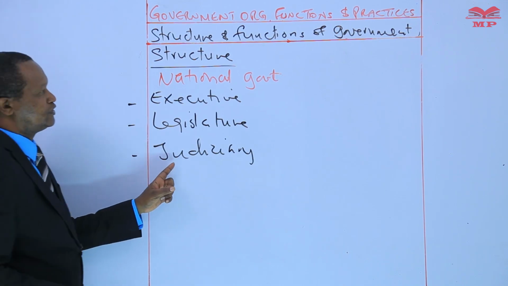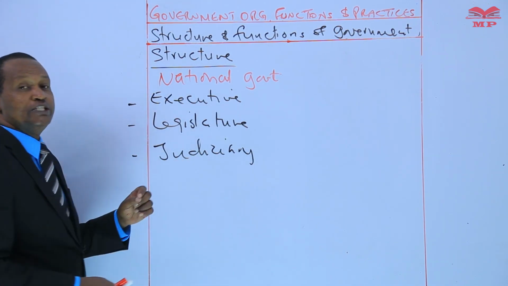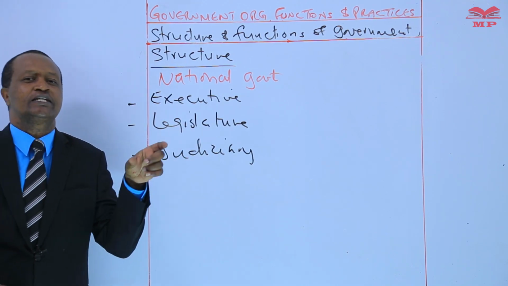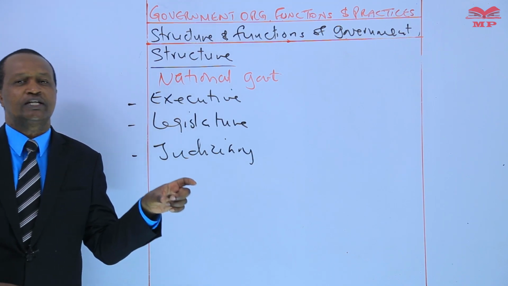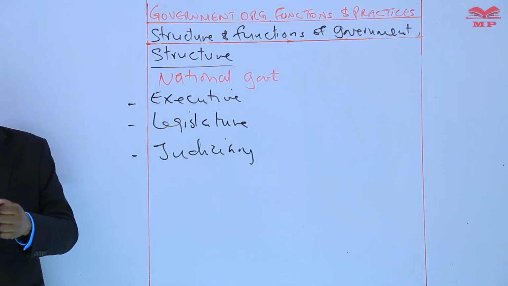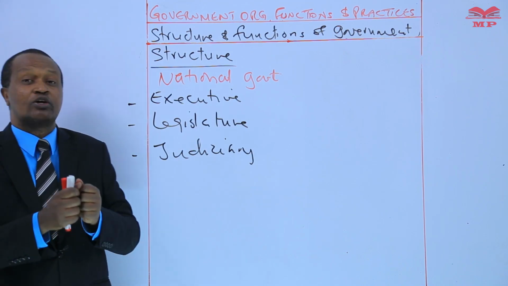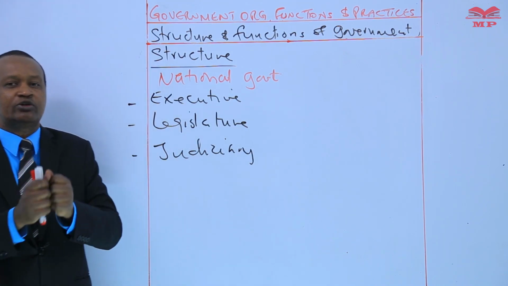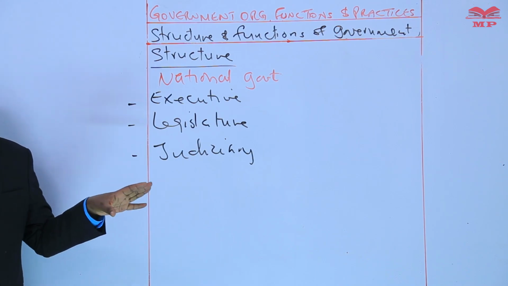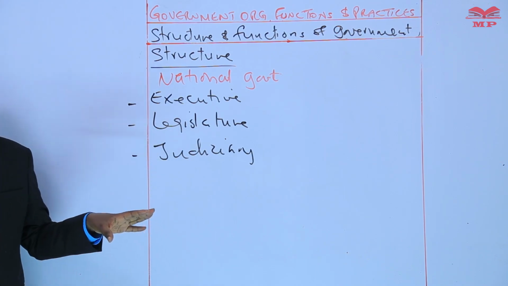The third branch of the national government is the judiciary, which is responsible for interpreting the law and settling disputes. It comprises various courts and tribunals, including the Supreme Court, the Court of Appeal, the High Court, and so on. We have other subordinate courts.